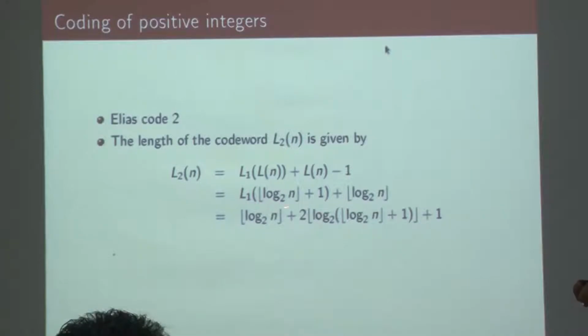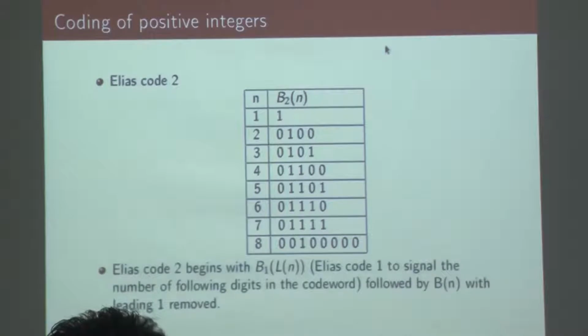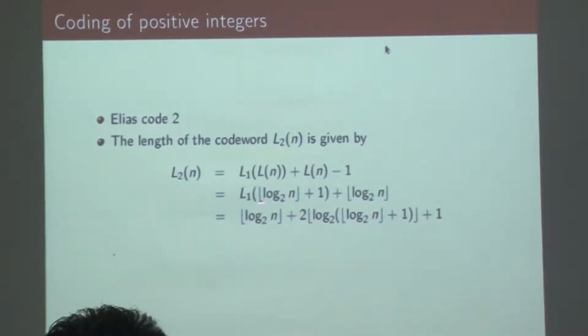L1 of this number. Now, if you go back and see, in case of the B1 code, L1 of n is given by 2 times floor of log n plus 1. So, if we replace n by log n plus 1, this will become basically 2 times log of log n plus 1, plus 1, and this log n term.